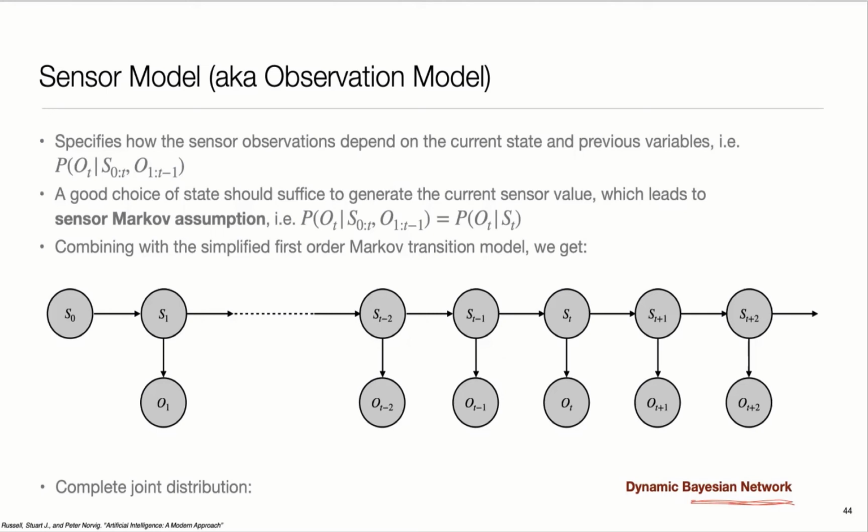If I know the parent or parents of a node, then I don't need to worry about the ancestors. Our two Markovian assumptions are saying S_t depends only on S_{t-1}, and S_{t-1} only on S_{t-2}, and so on. And also that O_t depends only on S_t, and O_{t-1} depends only on S_{t-1}.